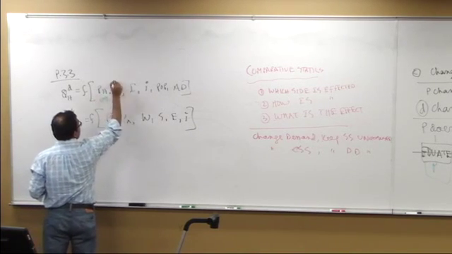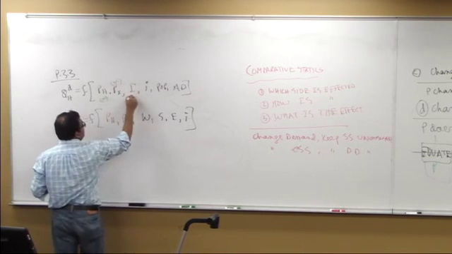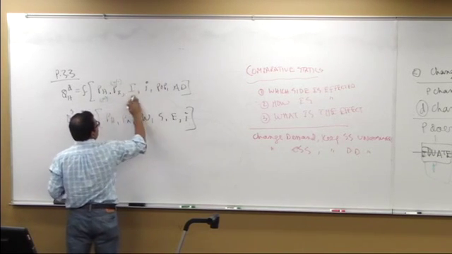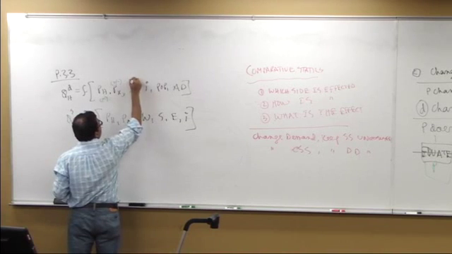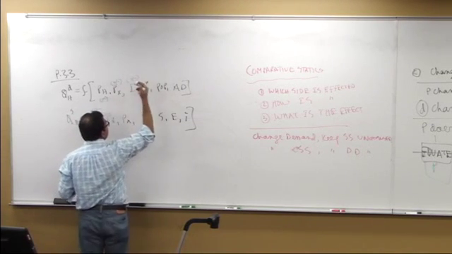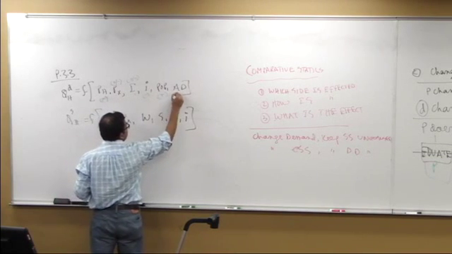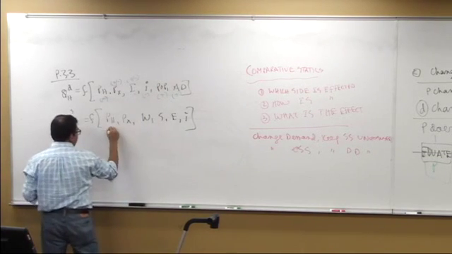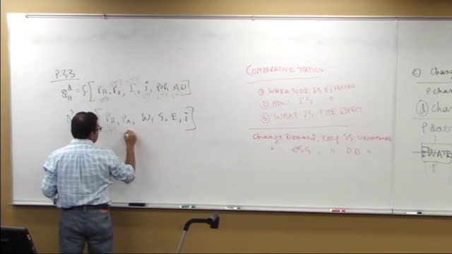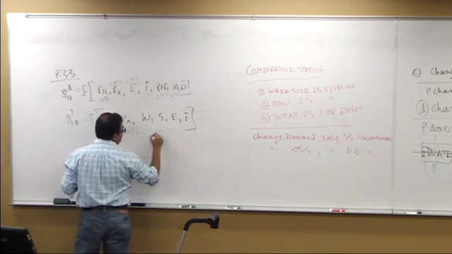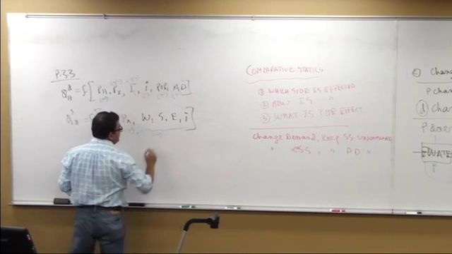This can be negative or positive. Income can also be negative or positive depending on whether it's a normal good or an inferior good. Interest rate is negative, population is positive, advertisement is positive, this is positive, this is positive, these are all negative, right?